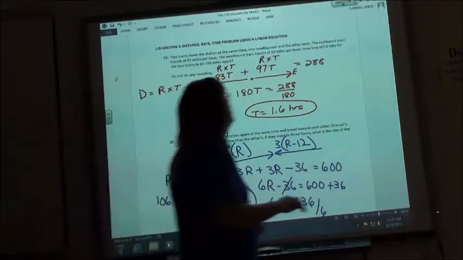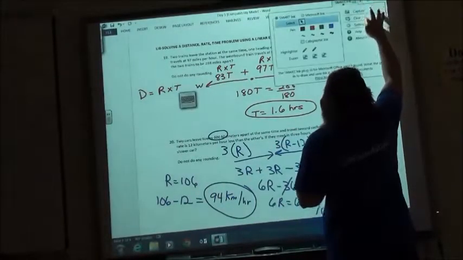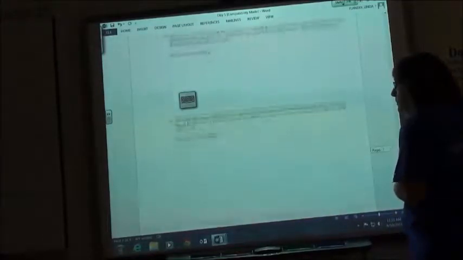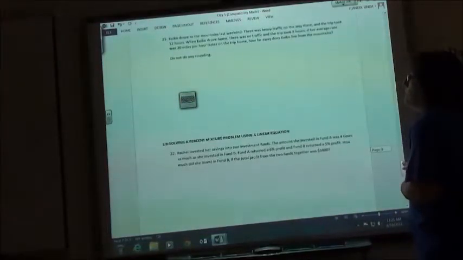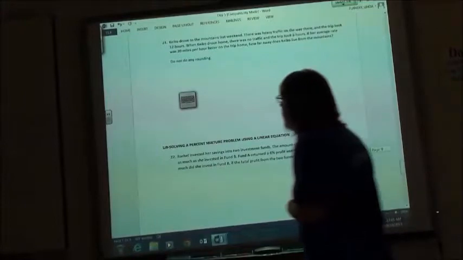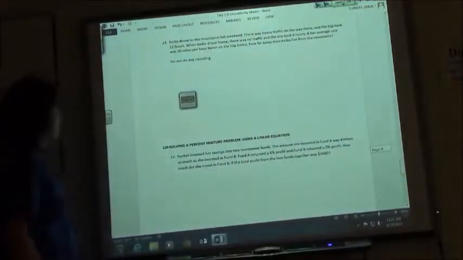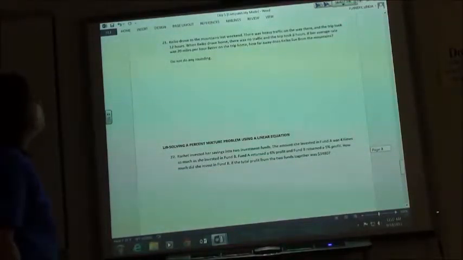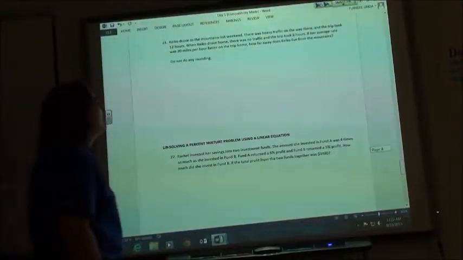Number 21. Kiko, or however that's pronounced, drove to the mountains last weekend. There was heavy traffic on the way there, and the trip took 12 hours. When Kiko drove home, there was no traffic, and the trip took 8 hours.